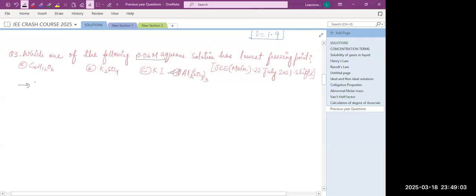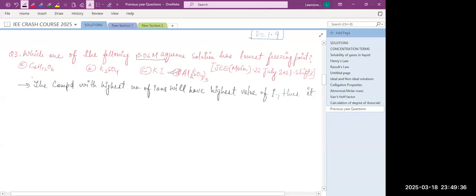Write down this concept. The compound with the highest number of ions will have the highest value of i, the highest value of van't Hoff factor, and thus it will have the lowest freezing point.